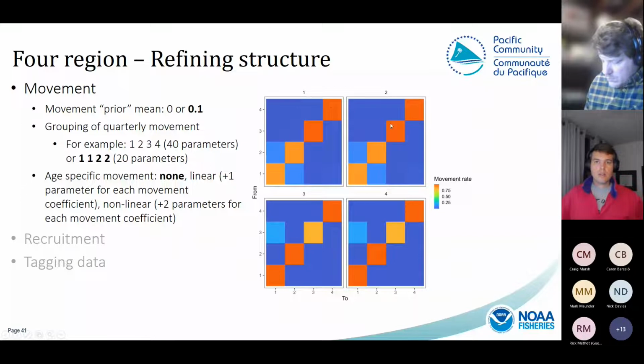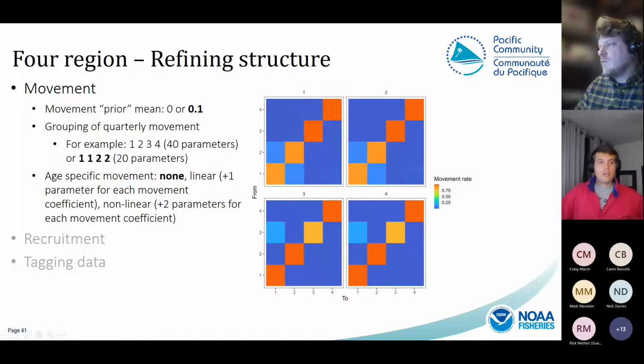Quarters 1 and 2 had the same movement pattern, and quarters 3 and 4 had another movement pattern. Just something to point out, which will make more sense on a later slide, is that the model is estimating, at least in the second half of the year, quarters 3 and 4, a fair amount of movement from region 3 into region 1.